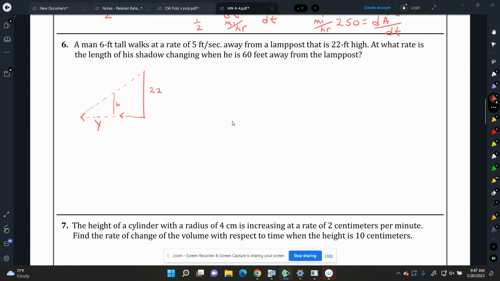So I basically have two triangles here. I'm going to call this X. So I've got a triangle that looks like this, where we've got a y, a 6, and then I've got a triangle that looks like this, where I've got an x plus y and a 22.